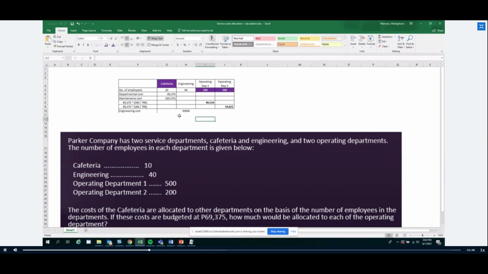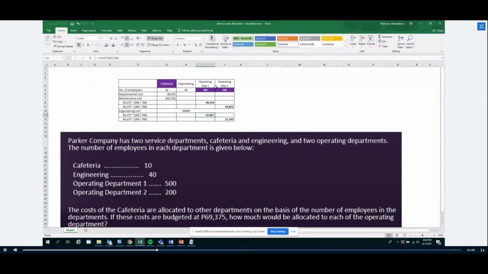So all you need to do is get the prorata as well. I'll put 95,000 here to compute their allocation. Notice, the total is still 95,000, allocated between operating department 1 and operating department 2.